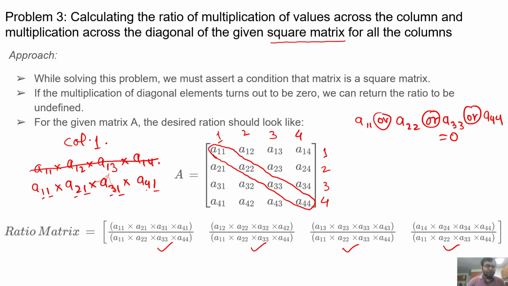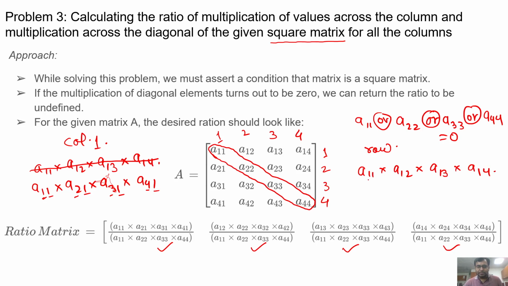That is why, while calculating the element of the required ratio list, we have changed this particular index in the case of column 1. But in the case of row 1, the multiplication should look like a11 into a12 into a13 into a14.